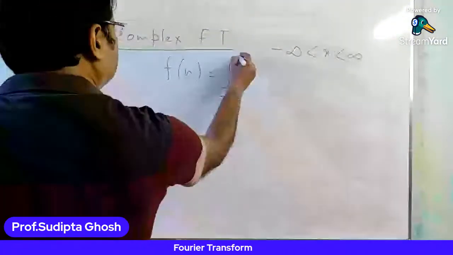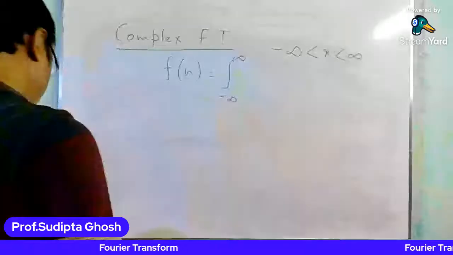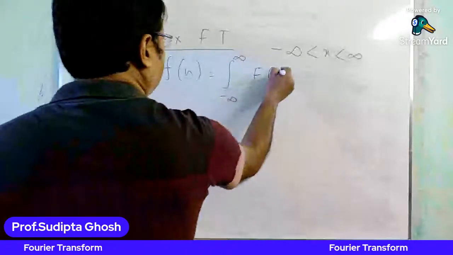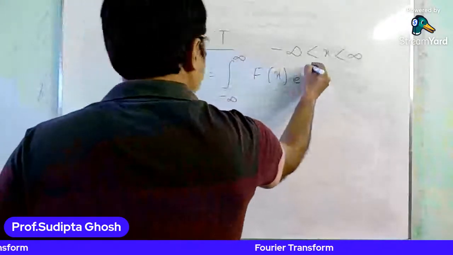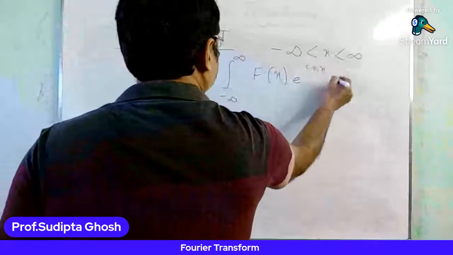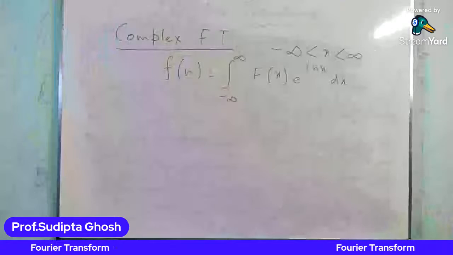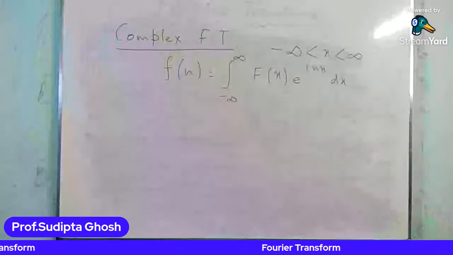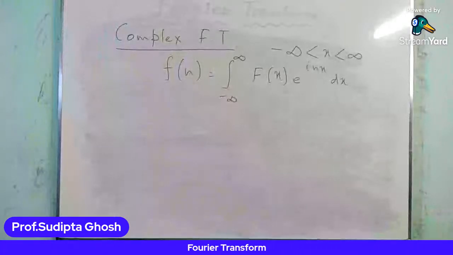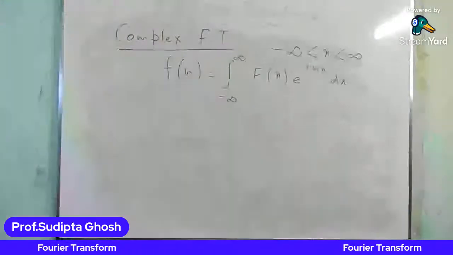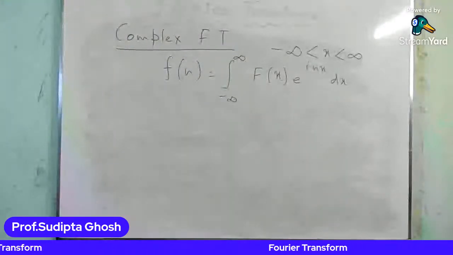f of n equals integral minus infinity to plus infinity capital F of x e to the power i n x dx, where i is the complex number. Now here e to the power i n x is called the kernel of the transformation.